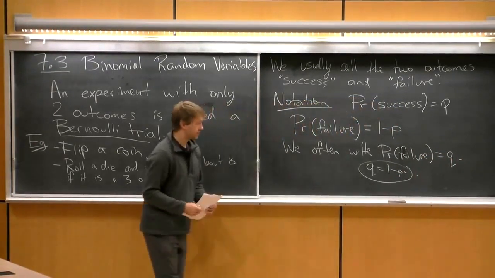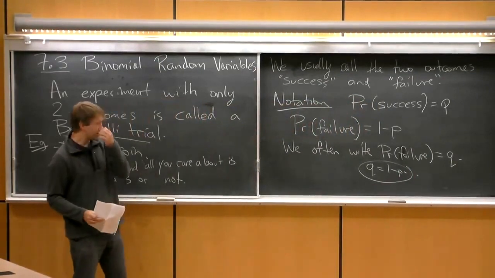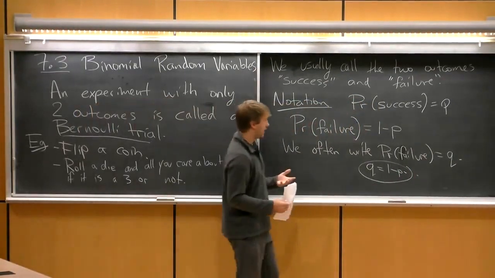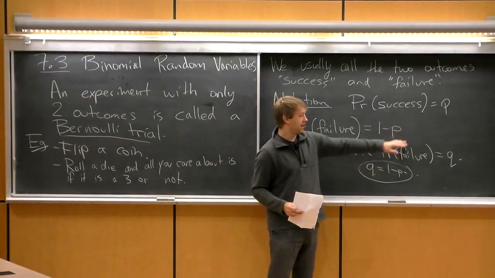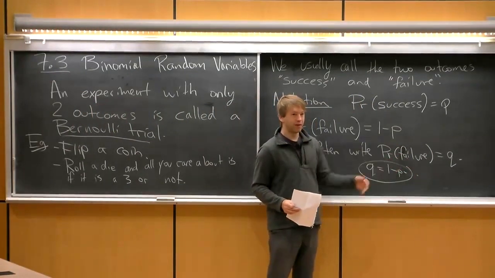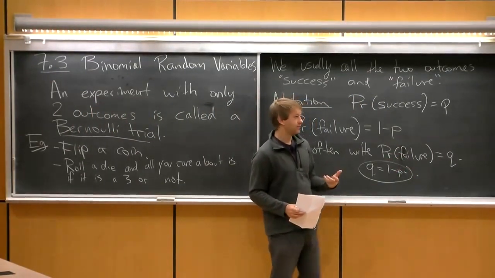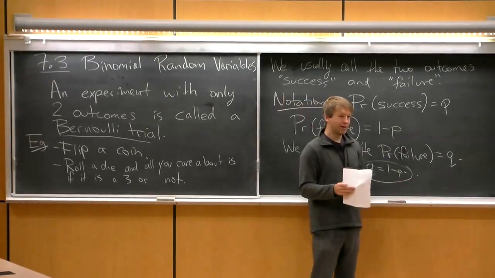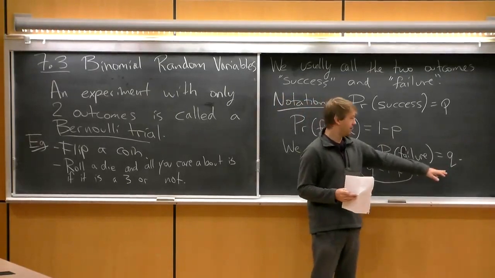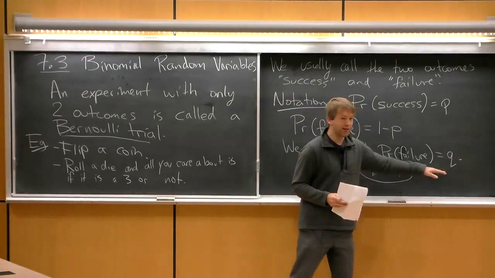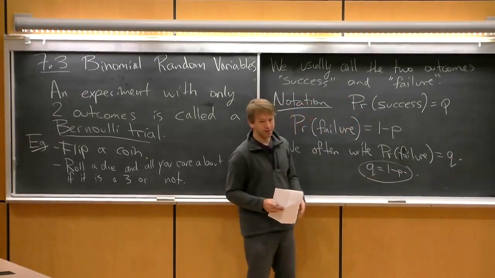Sometimes it's more convenient to say the probability of success is p, the probability of failure is q, but you need to know that this q is not independent of p. The q has to be 1 minus p.